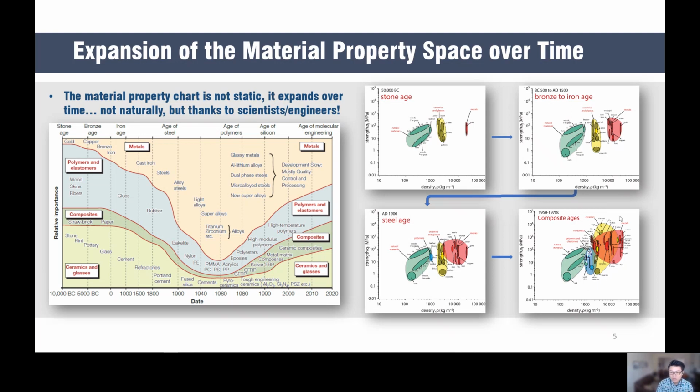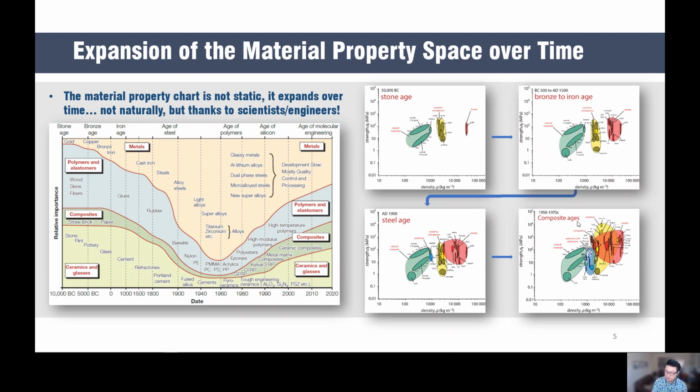And then recently, in maybe the last 18 years, we start to realize there's a new strategy to create new materials: combining existing materials to create what we call composite or hybrid materials. Here we can see a new boom of materials that is available.